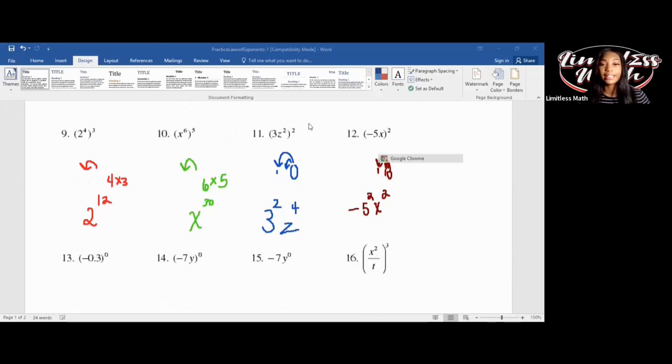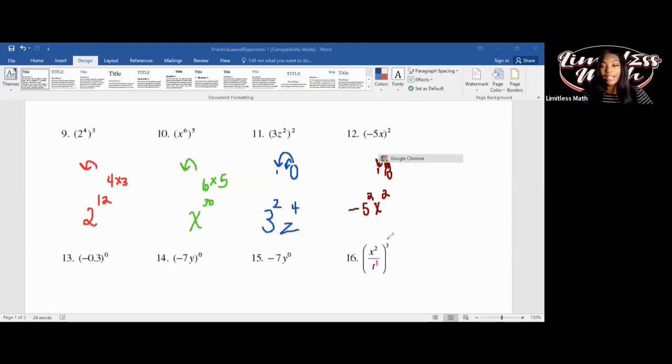Now let's look at 16, because it's going to work the exact same way. It doesn't matter that inside the parentheses you got a fraction. It doesn't matter. You still take that upper level exponent and multiply it by every exponent inside. So you want to make sure you have it labeled first. I see this t doesn't have a label, so I want to make sure I put the invisible 1, make it visible.